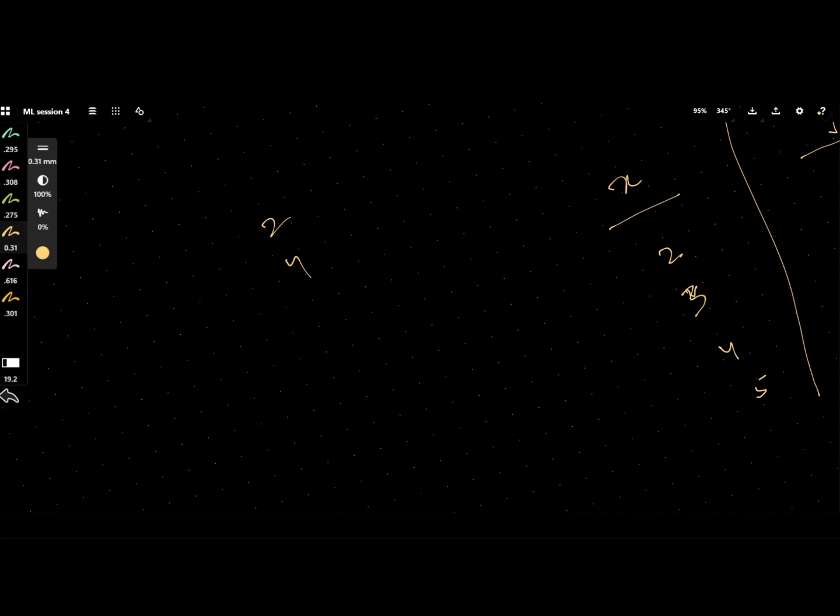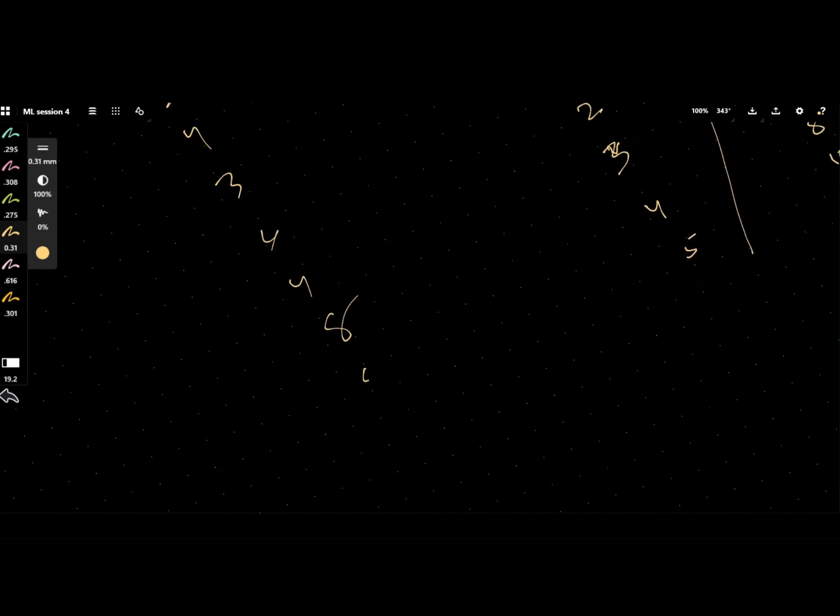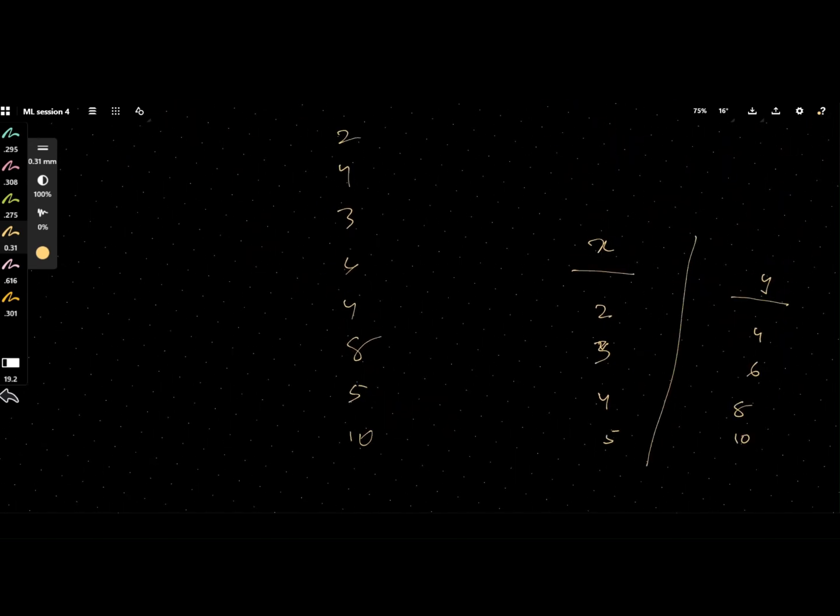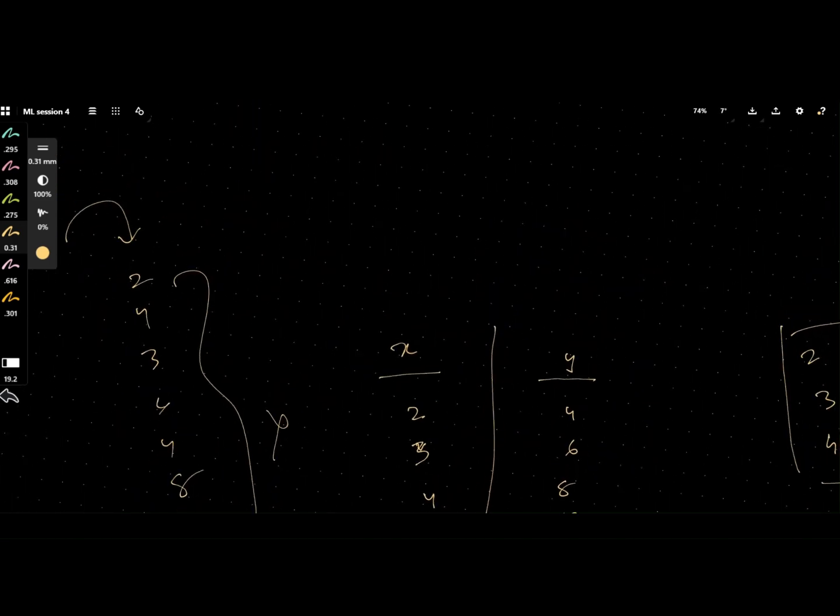Let's say you send data in a single stream, like 2, 4, 3, 6, 4, 8, 5, 10. This won't work. You need to feed it data in a proper format so that it knows which it has to predict and which is the input given to it.